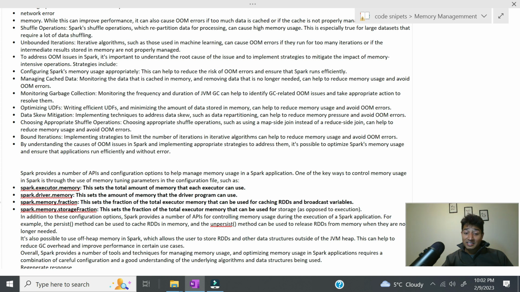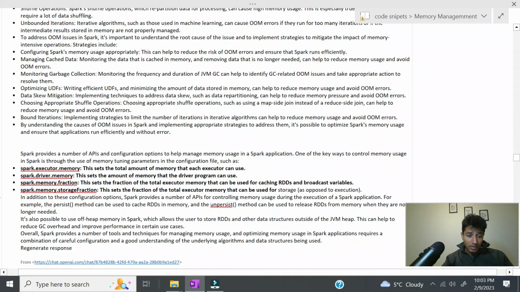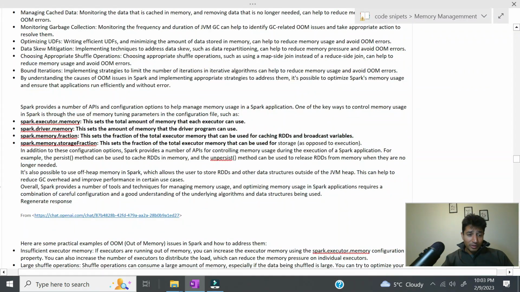Spark.driver.memory sets the amount of memory that the driver can use. Spark.memory.fraction sets the fraction of total executor memory that can be used for the caching of RDD and broadcast variables. Spark.memory.storageFraction sets the portion of executor memory that can be used for storage as opposed to execution. So these are important parameters.